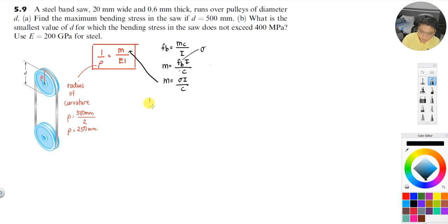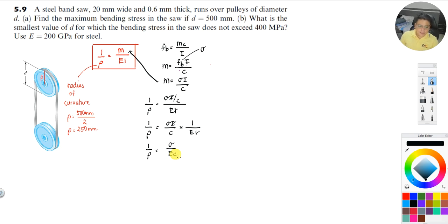So, I can now have 1 all over rho is equals to sigma I all over C all over EI. Pwede ko yung i-cancel. So, sigma I all over C and then multiplied by reciprocal nito, that's 1 all over EI. So, cancel to. So, you can have it as 1 over rho is equals to sigma all over EC. So, that is our rho.